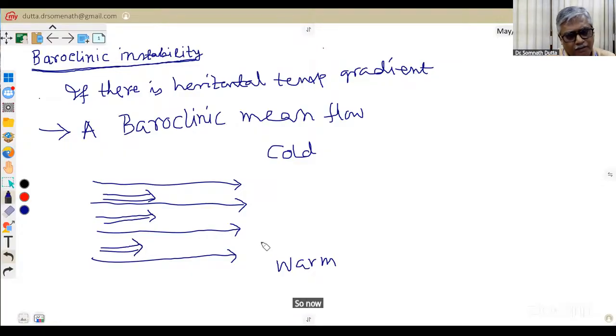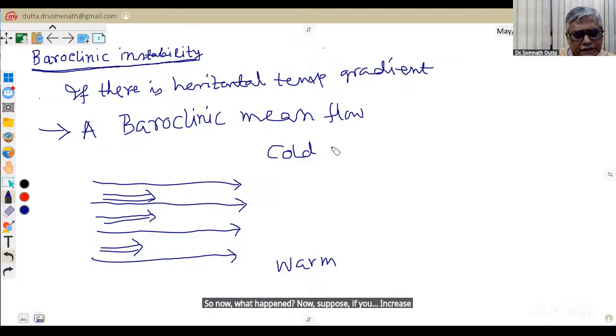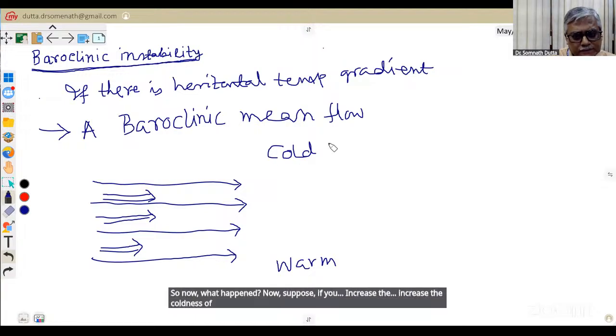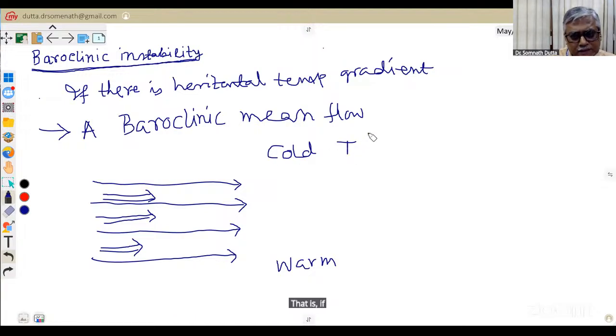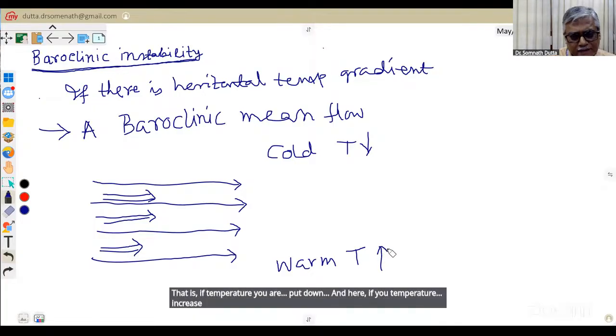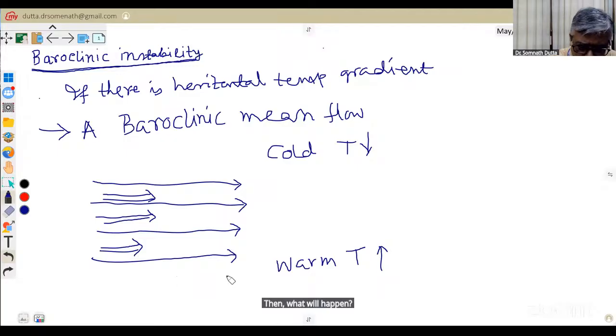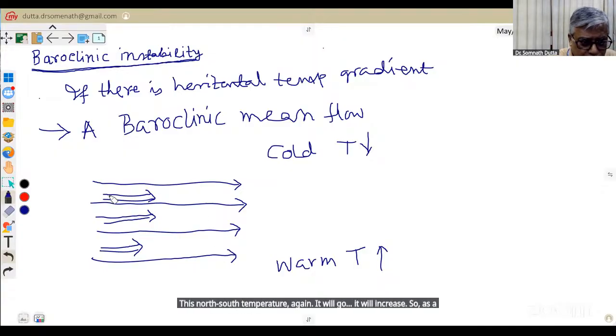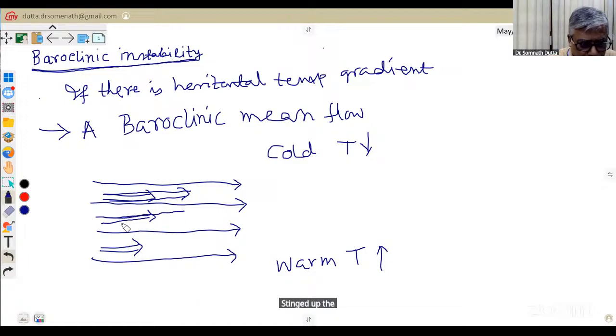Now suppose you increase the coldness here, that is, you lower the temperature here and increase the temperature there. Then this north-south temperature gradient will increase, and as a result the strength of the thermal wind will increase.